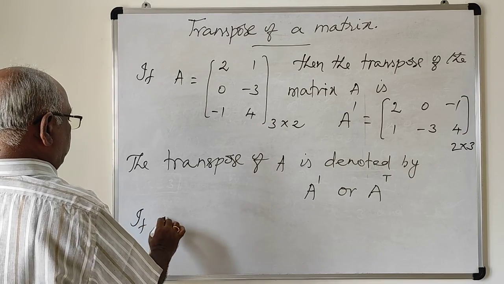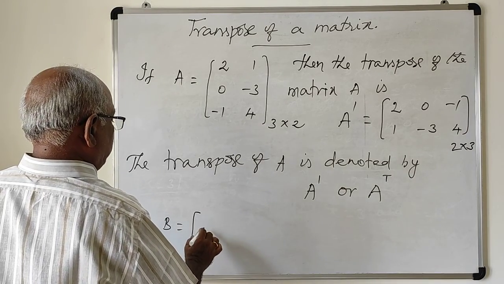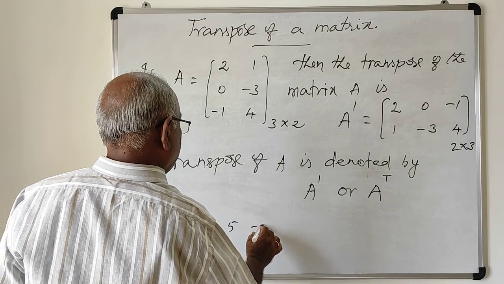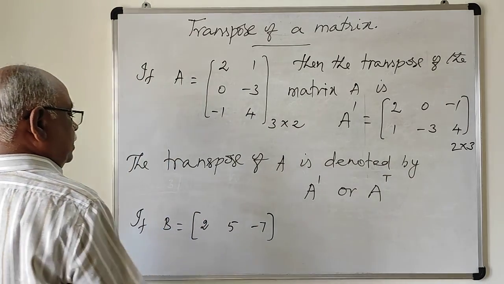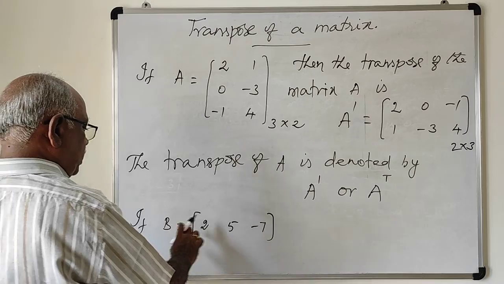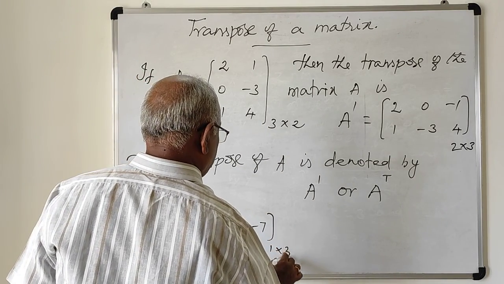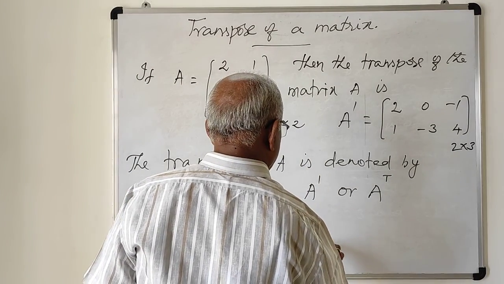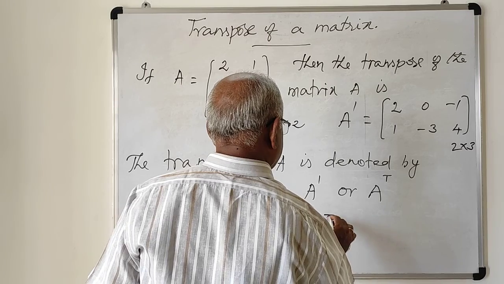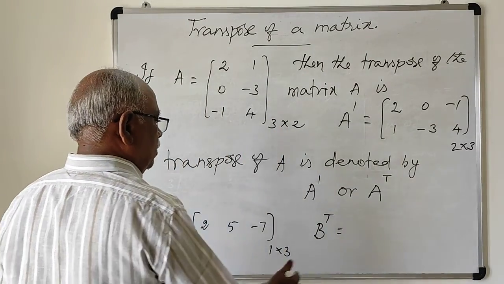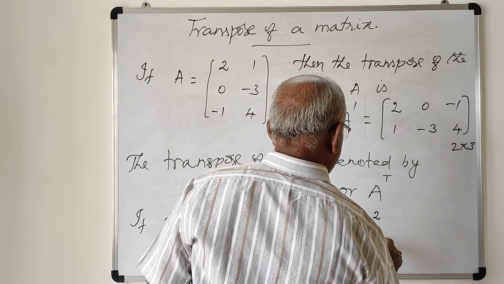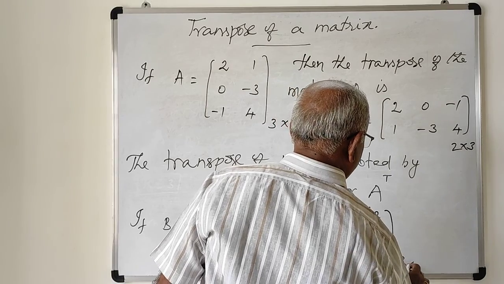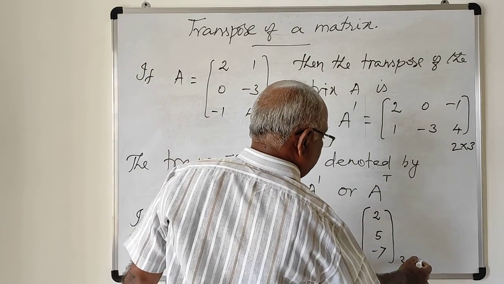If B is a matrix 2, 5, minus 7, see, this is of order 1 by 3, 1 row and 3 columns. So B transpose, denoted by B T or B dash, is obtained by changing row into column: 2, 5, minus 7 as a column, that is 3 rows, 1 column. 1 by 3 becomes 3 by 1.